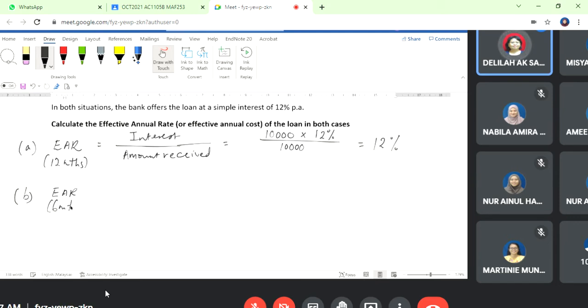When you want to borrow for 6 months only, the same formula applies: interest divided by the amount received. But now your interest is calculated for 6 months out of 12. Only 6 months.